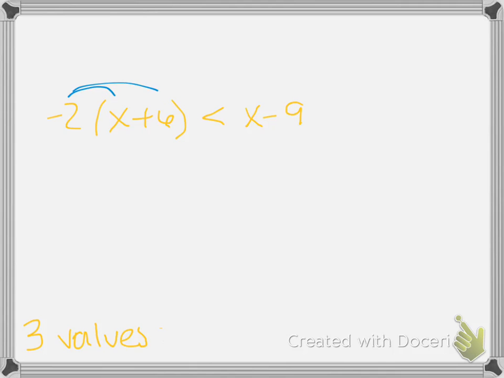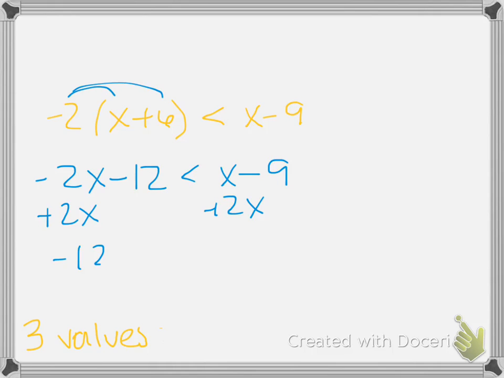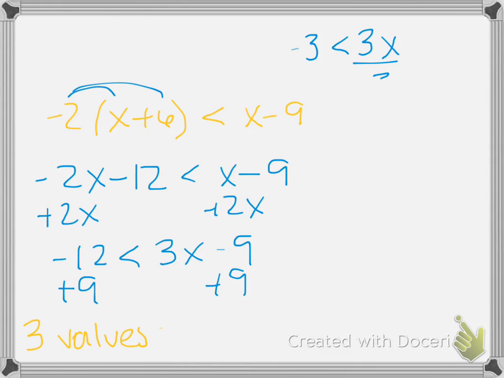Okay, we have to distribute now this time. So we got -2x, make sure you do it to both, so -2 times 6 is -12. Okay, I'm going to add 2x to both sides. So I'll have -12 is less than 3x minus 9. We can add 9. So now I have -3 is less than 3x. Divide by 3. So negative 1 is less than x.